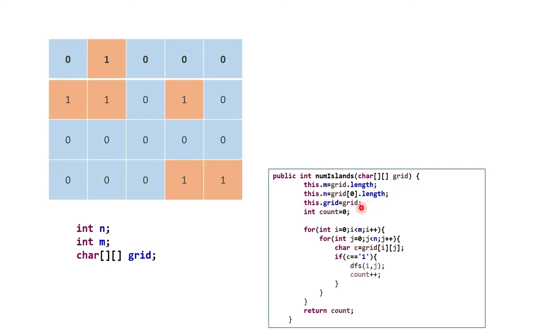So what we have to do is check the row length and the column length, and the grid we can assign as a global variable, or you can keep passing it in the DFS call itself. Now we have to take one count variable as our result. Then we scan through this entire grid with i and j, and check where we get our first character, which is 1.